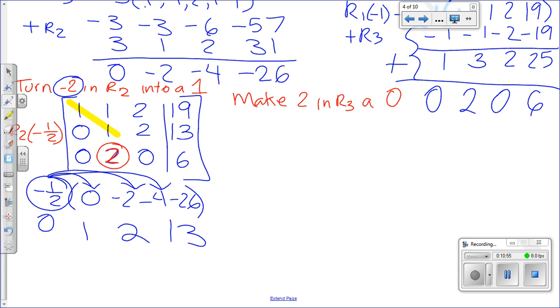Additive inverse, yes. Now the leading row is R2 because we're using this 1 to make that 2 turn into a 0. So we're going to say R2 times the additive inverse of 2, which is negative 2, plus R3, because that's the row we're trying to change.